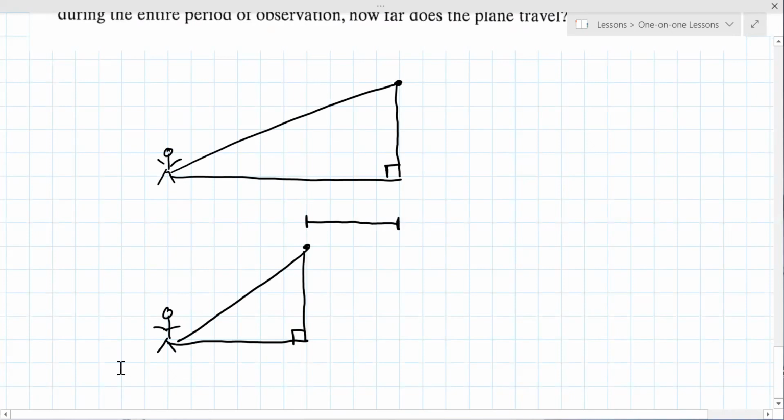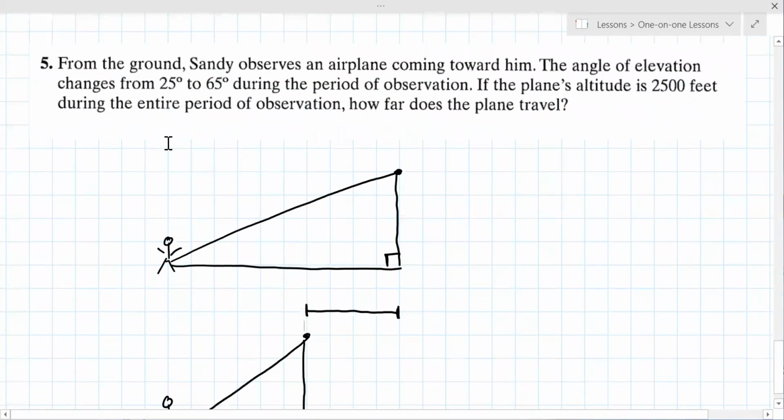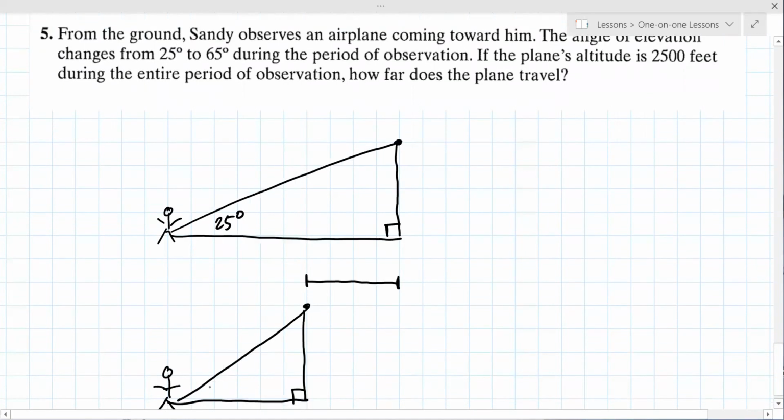In the initial setting it was 25 degrees. But then the plane got closer, and that's why it got steeper, 65 degrees. The plane's altitude is always 2,500 feet. It doesn't dip. How far does the plane travel?